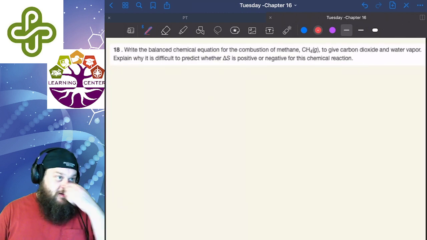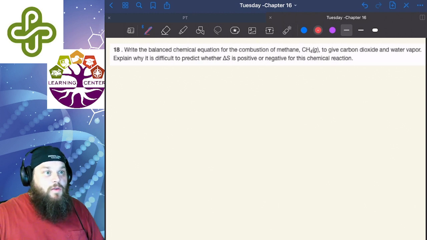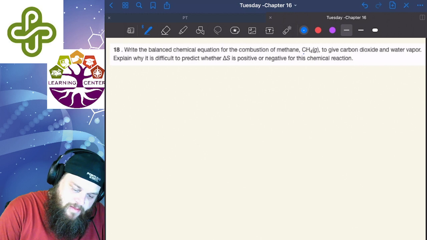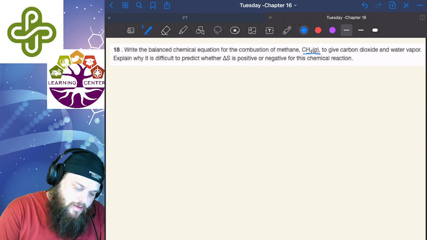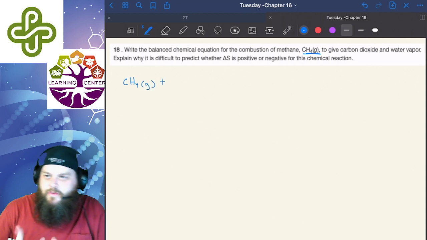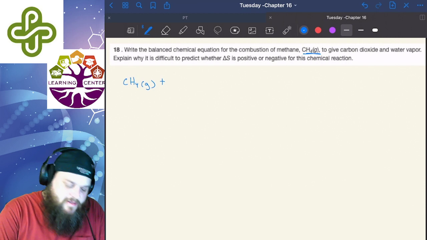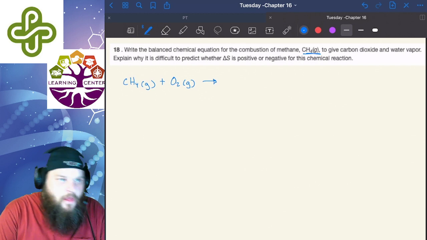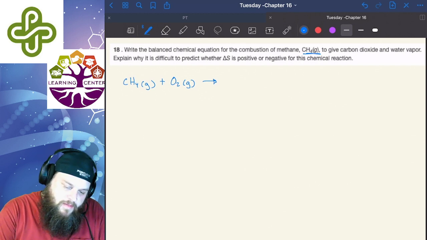For number 18 here, we have to write a balanced chemical equation for the combustion of methane. Let's do that first. Methane is CH4 here. So that's going to be CH4 gas plus, and for combustion, we're always reacting it with O2 gas. Oxygen is going to form carbon dioxide and water vapor.